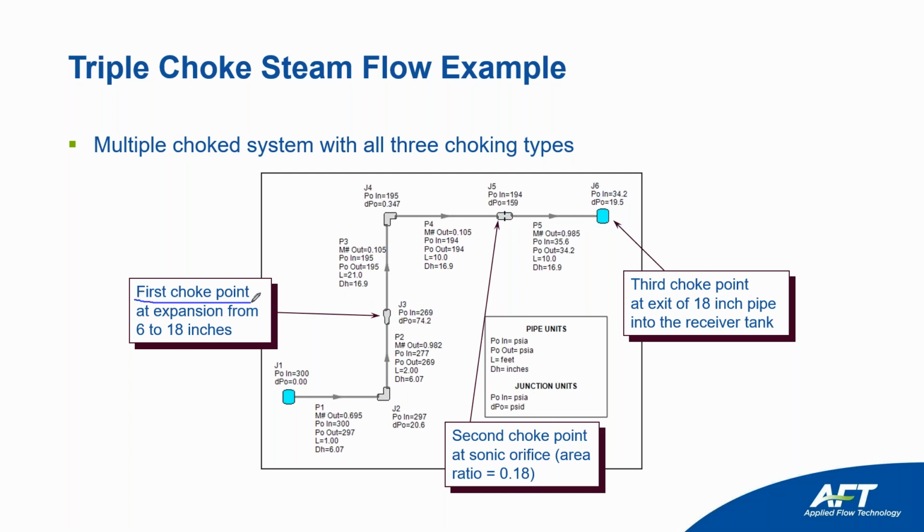So here's your first choke point at the expansion. Your second choke point is at the orifice. Your third choke point is at the discharge. So what's actually happening here?